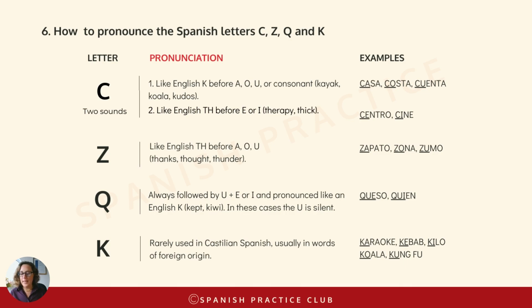For example, the letter C in Spanish has two sounds, depending on the vowel that comes after.